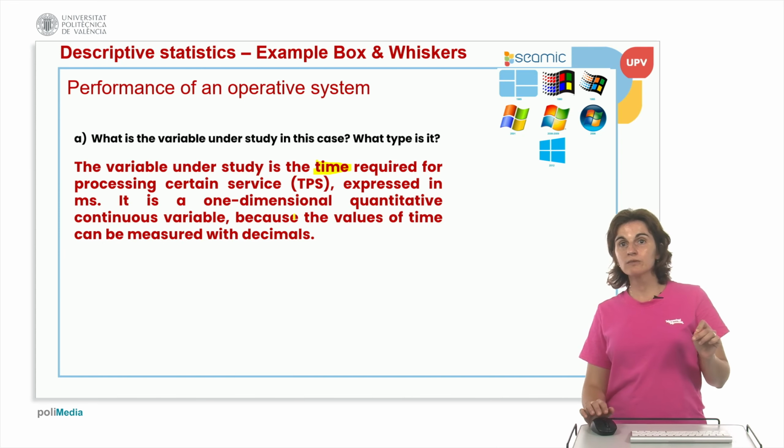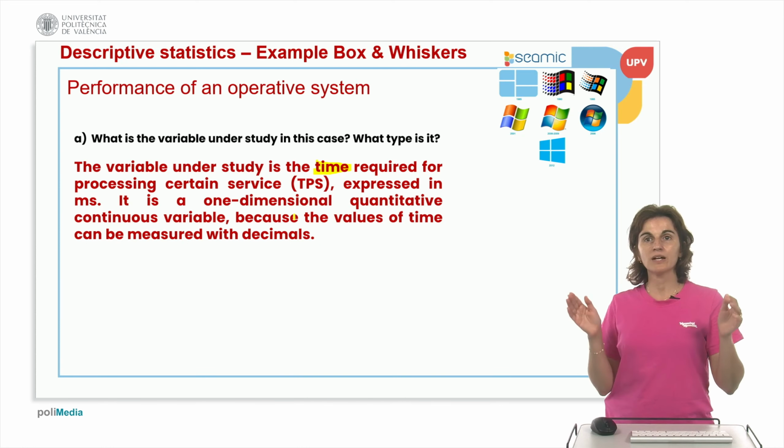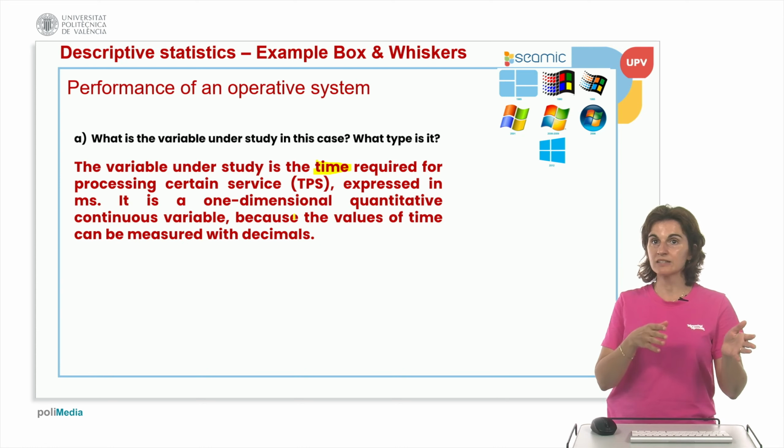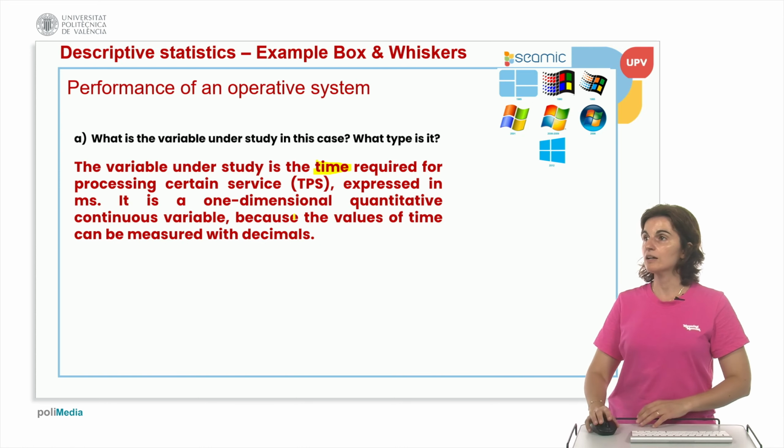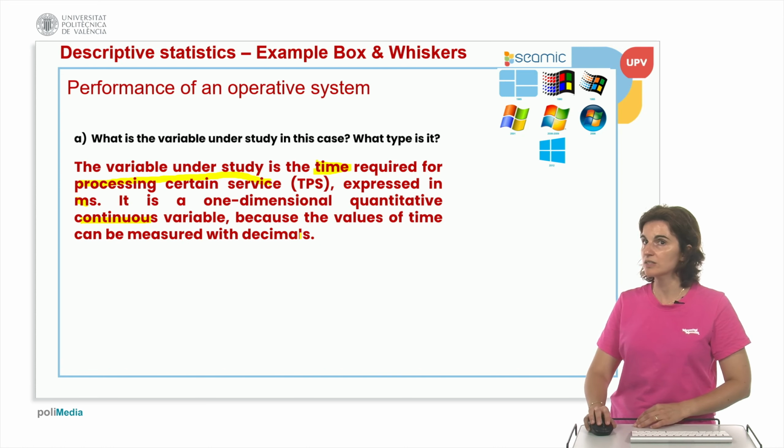And when you choose the variable, be careful because you need to select something which is a number. If we are analyzing a box and whisker plot, this is because we are analyzing a quantitative variable. And our variable is the TPS, time to process the service, and it's expressed in milliseconds. It's continuous, by the way, even though it was not a question.